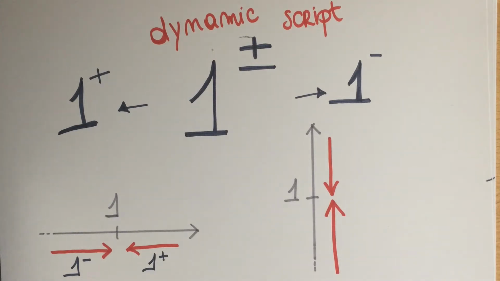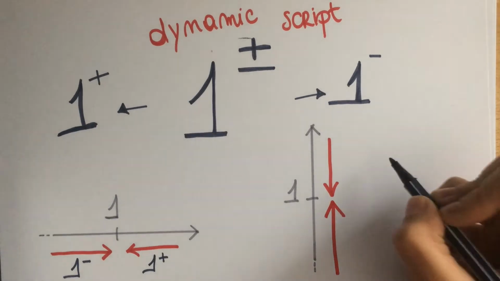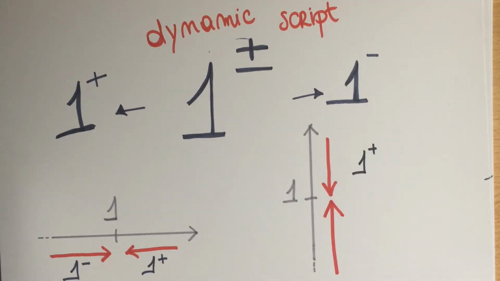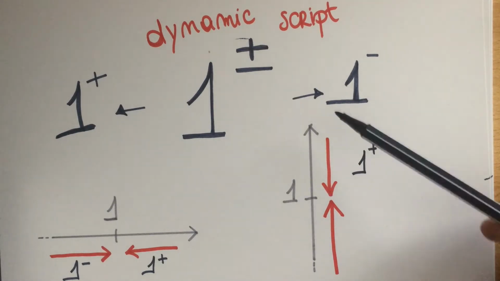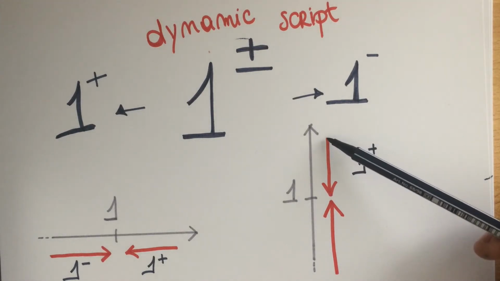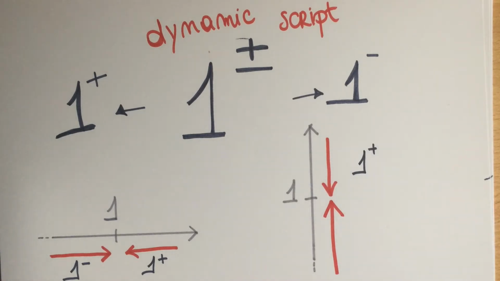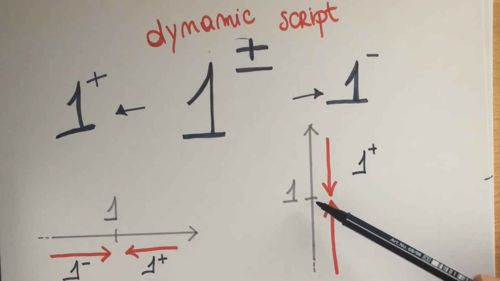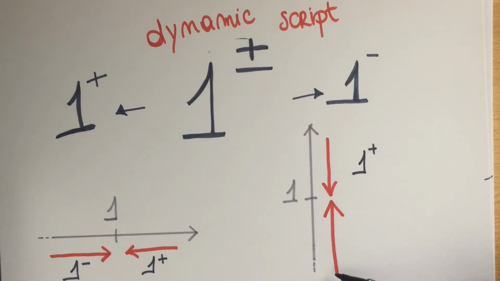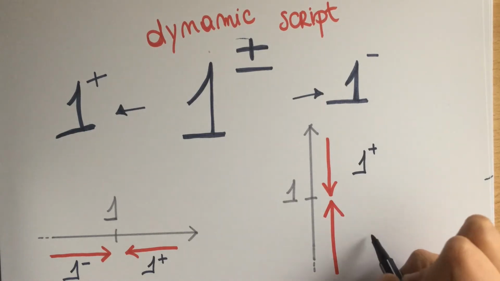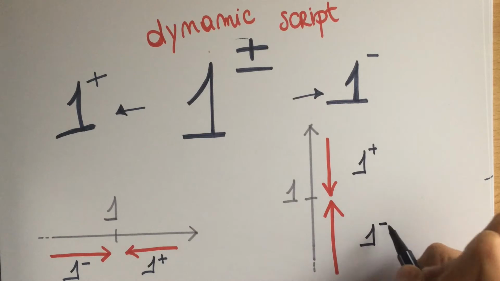We will then call 1 from above and write it like this one, the movement which is approaching the value of 1 from the higher values to the point itself, and so it's doing like that. And then we will call 1 from below the movement which is approaching the point 1 from the lower value, and so it's doing like that. And we will write this movement like this.